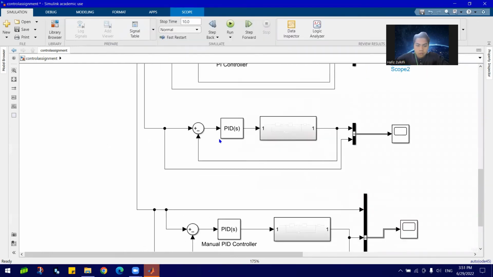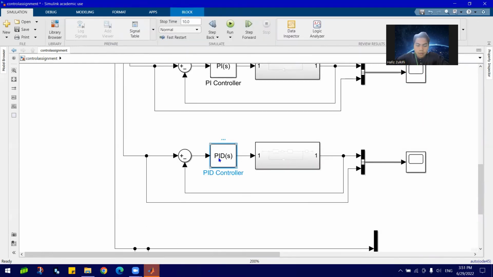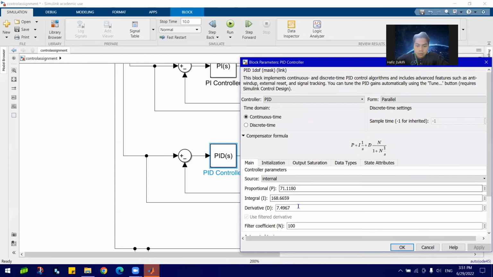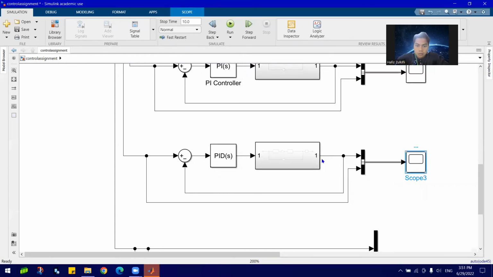So next we go for the PID. This is also the value from the table from the calculation.